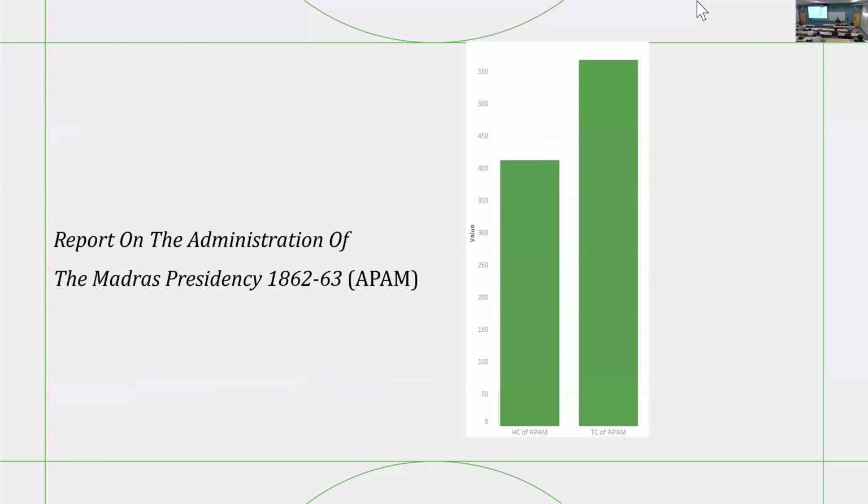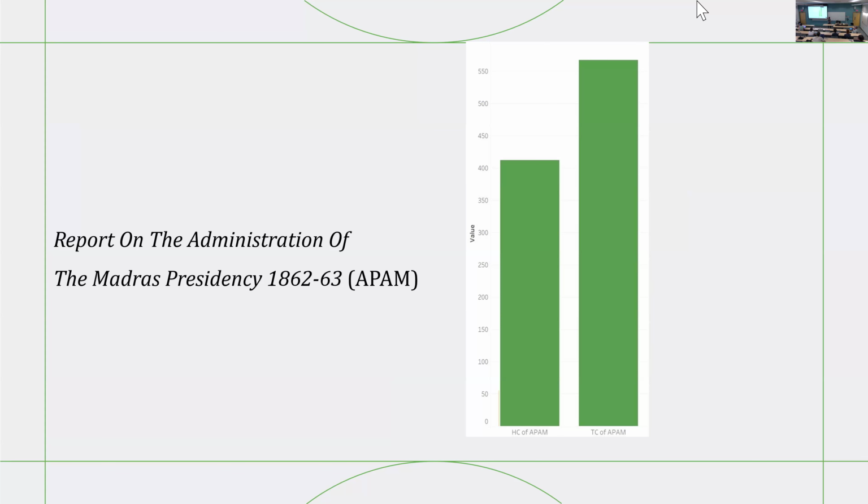So let's look at the other one. This one is Report on the Administration of the Madras Presidency. Obviously, this also has a lot of information about water bodies, which is why I included it. But the format of this text is so different. If you look here, the submodels are very few, and the primary models are so many. The reason is that it is kind of facts, just information, pinpointed, and there are numerous headings inside.